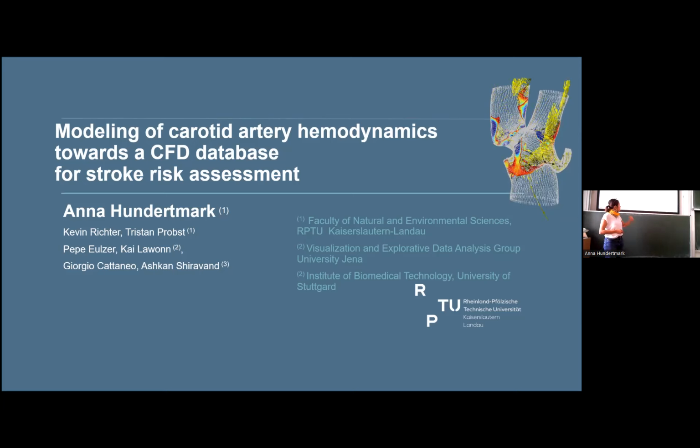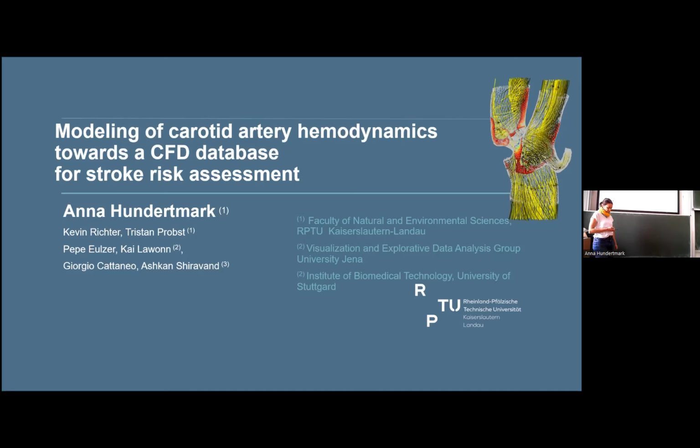The group of visualization and explorative data analysis from the University of Vienna also collaborates on this work, and biomedical technology experts from the University of Stuttgart.